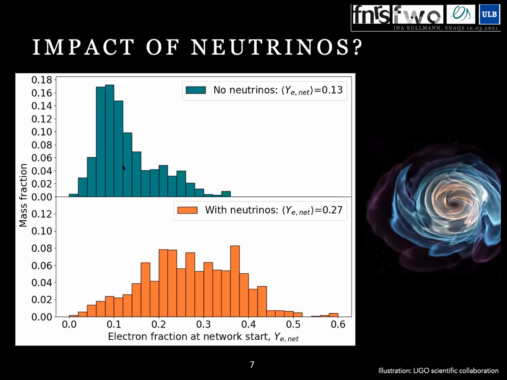You can clearly see a difference in the initial composition. This is at the time when we start the nucleosynthesis network, where the mean value for the model without neutrinos is about 0.13, but also with a wide distribution. And when we include the weak interactions, we have a mean value of about 0.27.